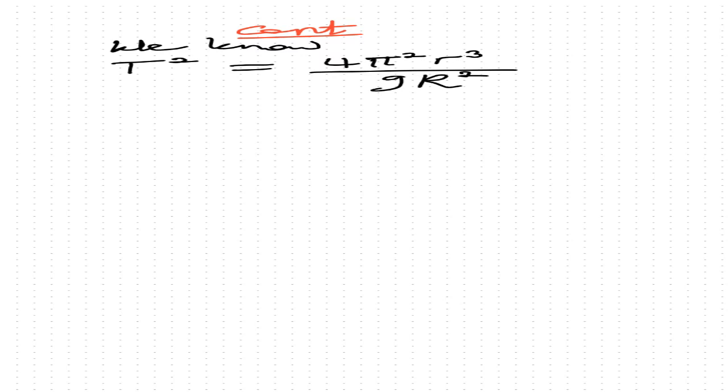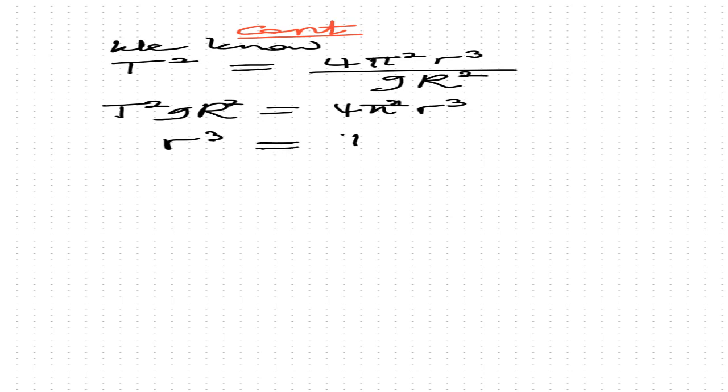Okay, let's try and make small r the subject. What do we get here? Cross multiply, we get T squared g R squared equals 4 pi squared r cubed. So when r cubed stands alone, you divide both sides by 4 pi squared.